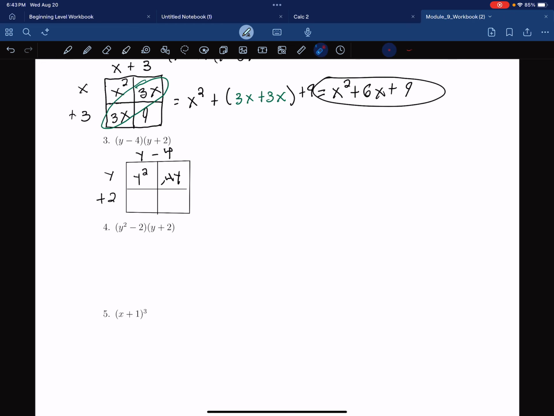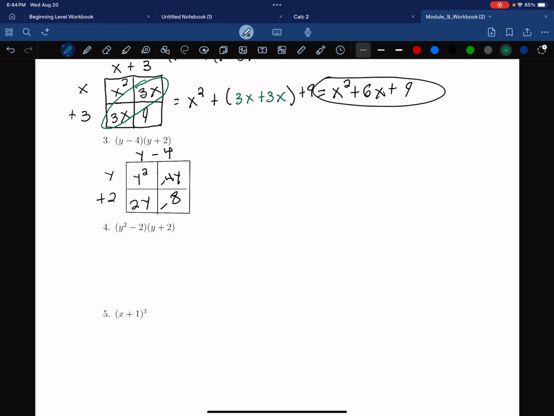And then we have a positive 2 times y. So positive 2 times y is just 2y. And then here in this box, we have 2 times negative 4. So 2 times negative 4, remember, negative times positive is going to get you a negative. So we have a negative, and 4 times 2 is 8.